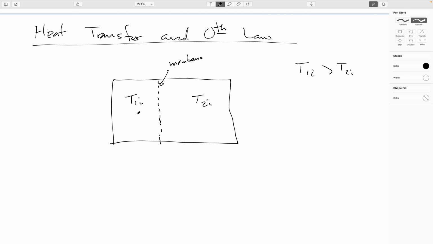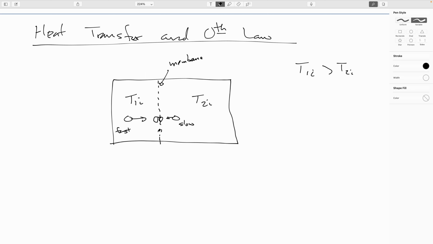We know that we're going to have a heat transfer from the hot thing to the cold thing. So what we can imagine here is, on average, this molecule is going to be fast. And it's going to collide here with some molecule that's slow. So every so often, these two will just perfectly meet at this membrane.